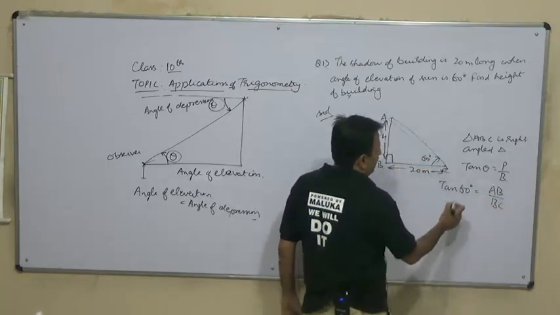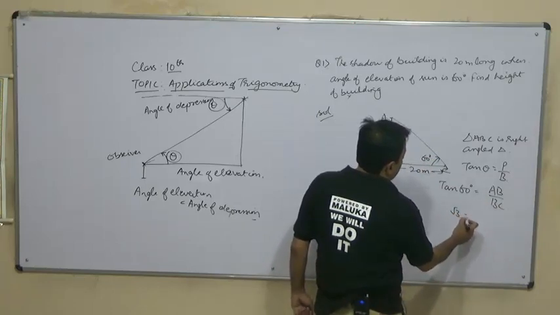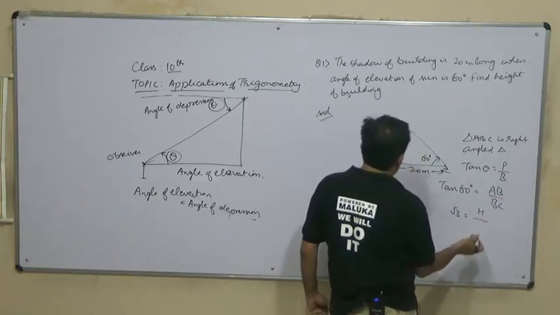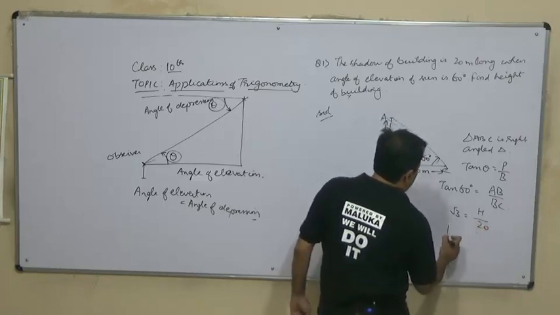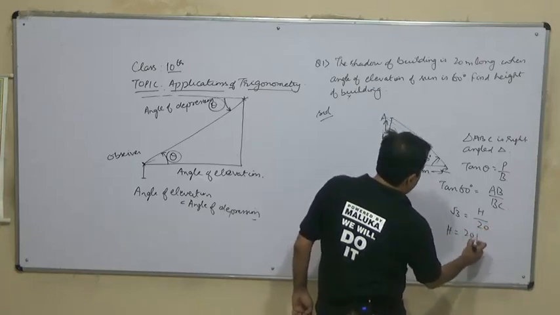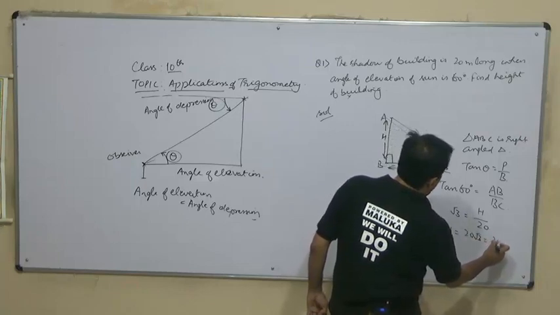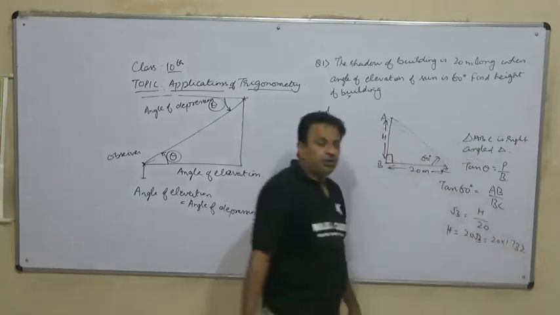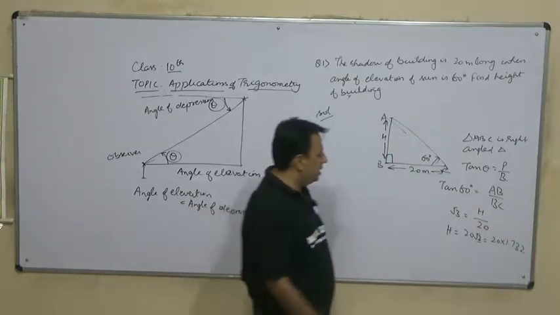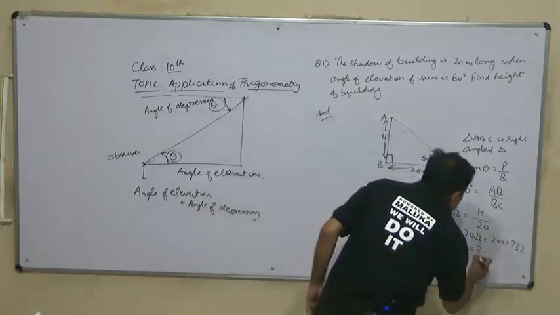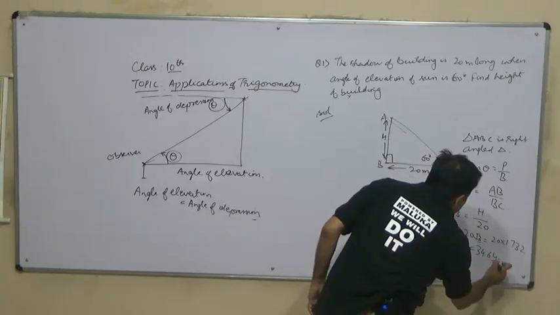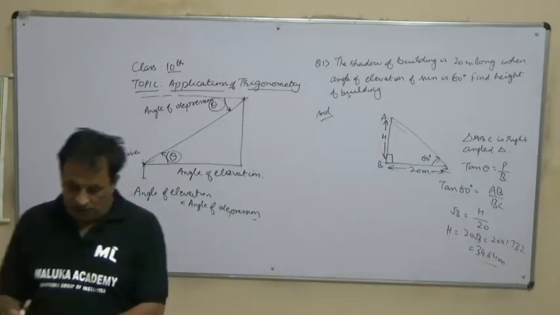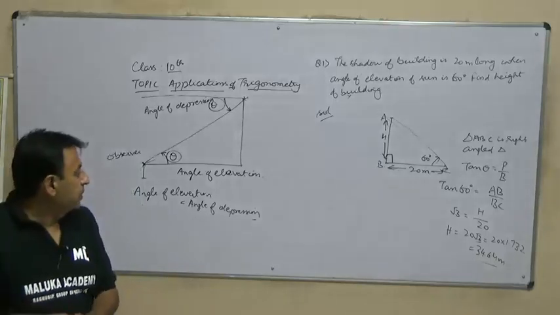We know that tangent 60 is root 3, and AB is H here and BC is 20. So H will be equal to 20 root 3, or we can say 20 into 1.732, that is the value for root 3, that we can substitute here. So this turns out to be 34.64 meter. So this will be the height of the building whose shadow is 20 meter.